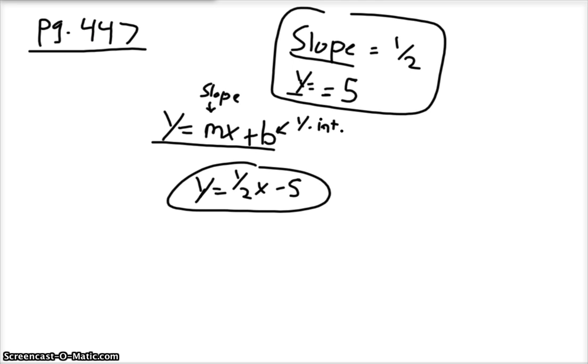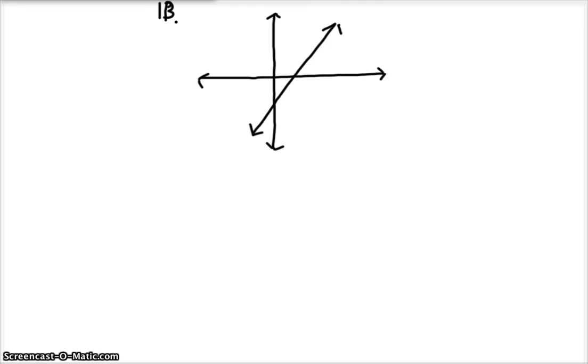Shouldn't be that big of a deal. You can handle it. Next, they're going to give you a graph. So please look at the bottom of the page. I'm at page 447. This is a similar graph. I tried to copy it to the best of my ability, but now they've just given you a graph, so you have to create your equation from what you can know from the graph. First thing, like I always do, I look at the y-intercept.